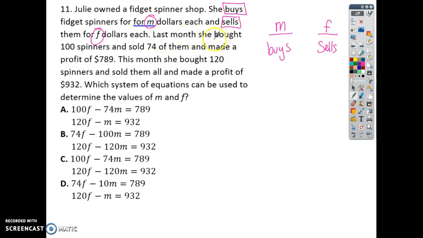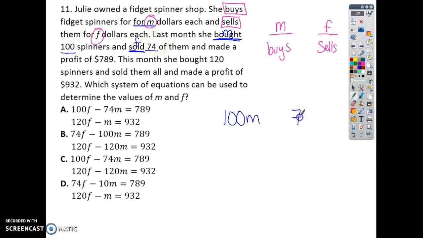Last month, she bought, bought is how much you buy, right? So this is the M. She bought 100 of them. So 100 has to go with the M because that's the ones that she buys. And she sold, that's sells, that's your F, sold 74 of them.